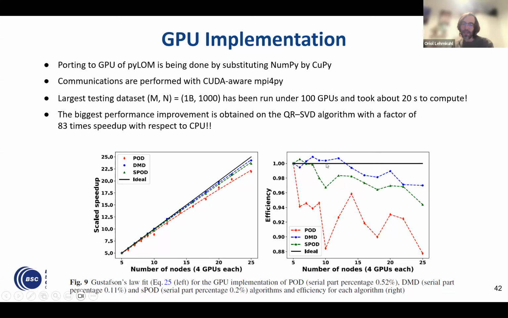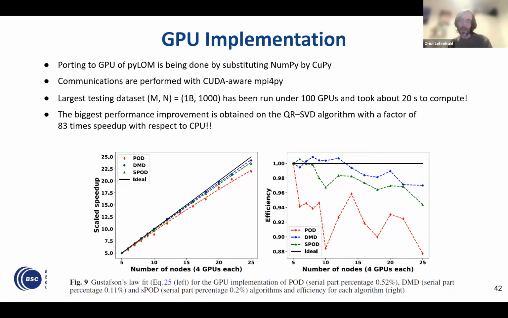Of course, it depends on the algorithm. Some algorithms will have more bottlenecks, more serial part or not, no? This is already available, so guys, if you are interested, you could use it, and you can really do POD, SPOD, and other types of DMD and variations very easily using our tool. What is important is that at your core, you have an SVD type of problem, no?